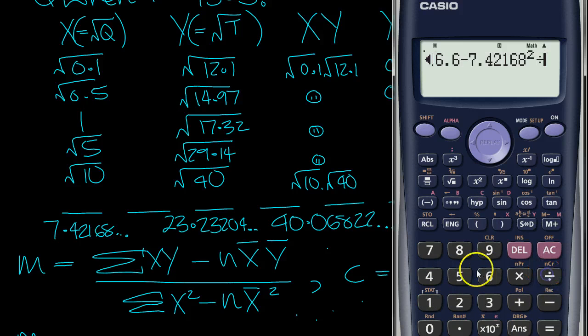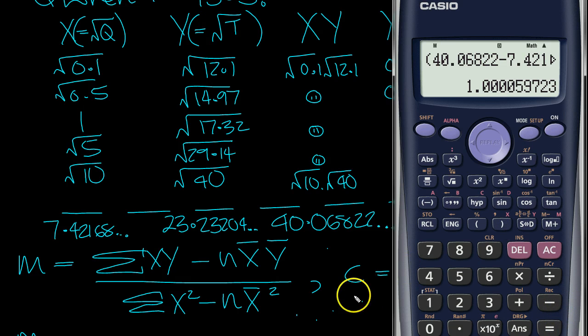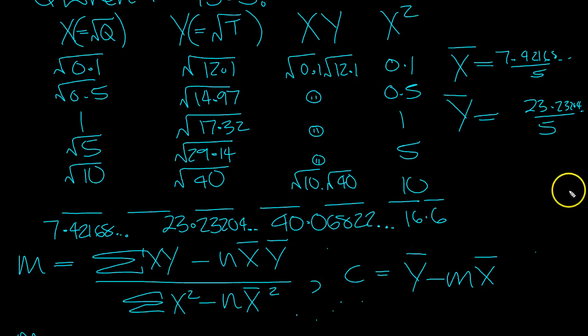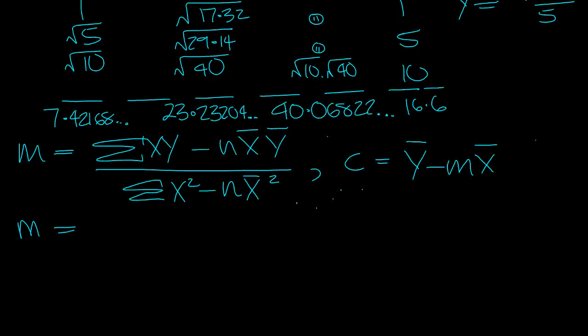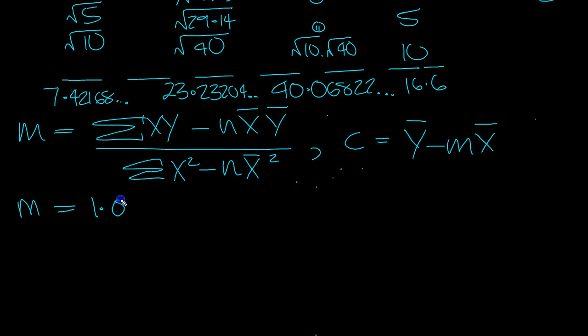One of the 5's will cancel, so we just divide by 5. Close bracket. So I hope you can see that, and we get 1.0000. So m is equal to 1.0000. And that was to 3D.